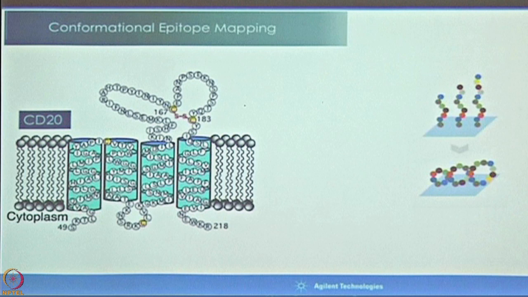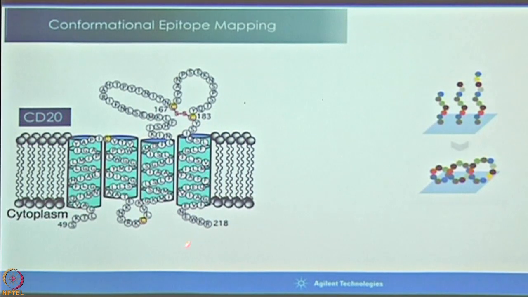So now the conformational one. Some proteins are like CD20, a transmembrane protein, and they have extracellular moieties like this, and these are the epitopes, right? This part. But this is not linear, so it's very difficult to identify the conformation.